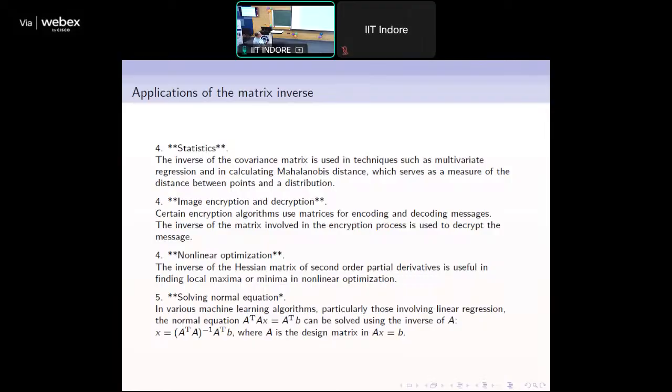Image encryption and decryption. We want to send one picture in the internet, and we want the contents of this picture not to be visible. We can do this using matrix inverse.